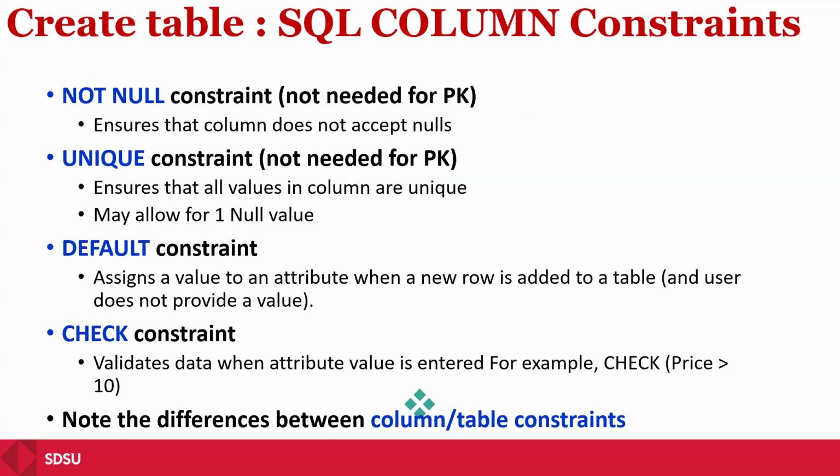Your order number must have a value. That's an example of not null constraint. We talked about unique constraint. For example, email can have a unique constraint. Both not null and unique are in addition to primary key. Primary key is unique and not null by default.